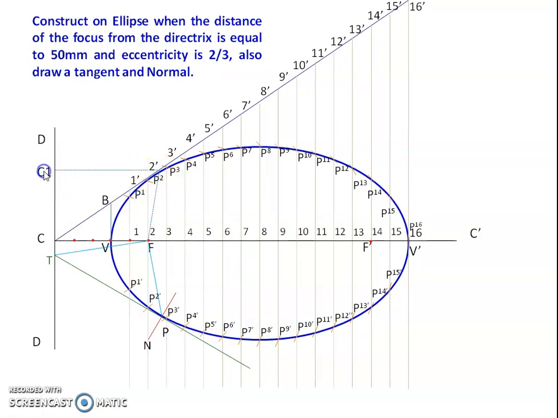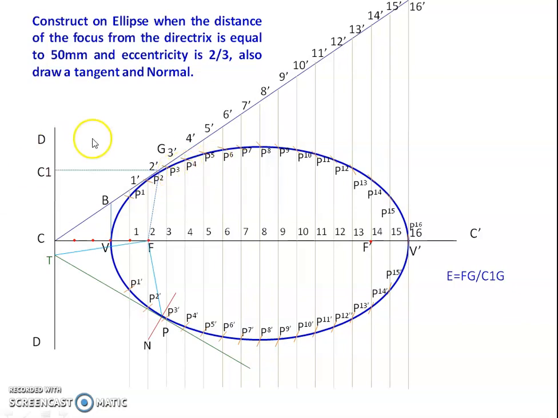That is called C dash, and the meeting point is called G. The ratio of FG to C1G should be equal to E, the eccentricity, which is around 0.666. Similarly, wherever you draw a line and extend it to the directrix, that ratio should be equal to 0.66.